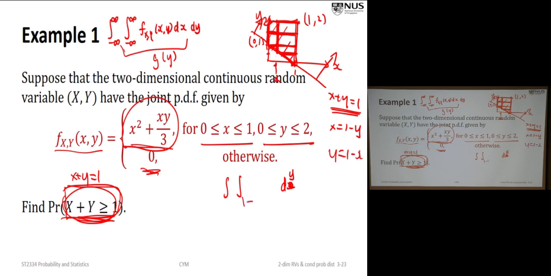So I start integrating from 1 minus x. Up to this point, what is the y value? 2. So I integrate from 1 minus x up to 2 for this expression, x squared plus xy over 3. Remember, x is a constant. We fixed x.